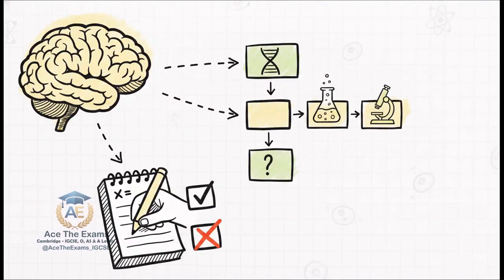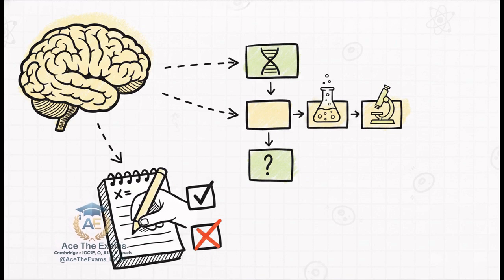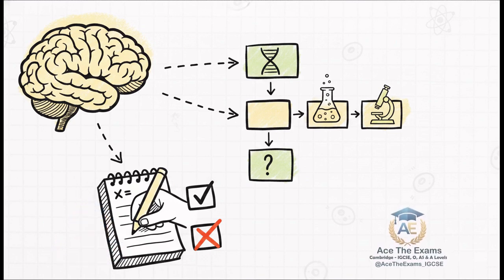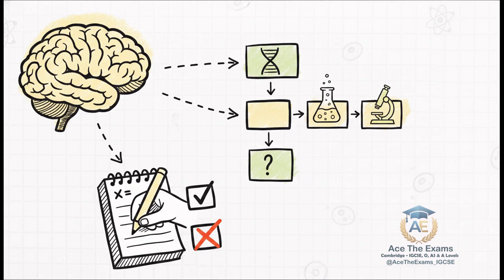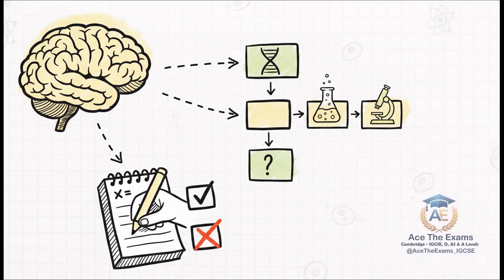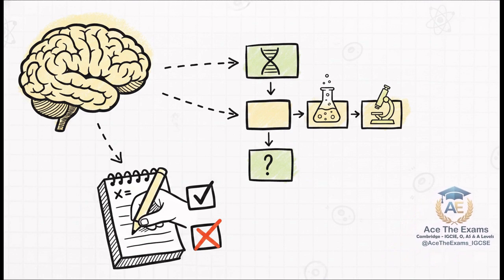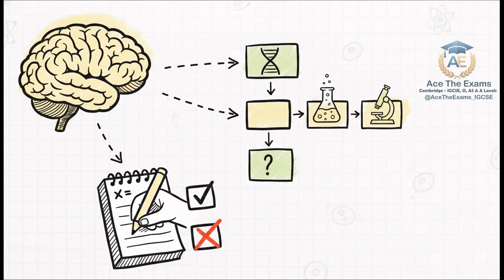Which brings us to the ultimate exam hack, pulled directly from Cambridge Principal Examiner reports. Quote, students lose marks by not showing working. Even if your final answer is wrong, method marks can save you. Seriously, stop doing the math in your head. Stop rushing to get to the final number. The exam is testing your logical reasoning process just as much as your final conclusion. Show your steps, every single one.